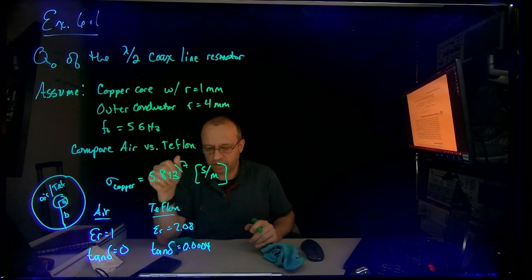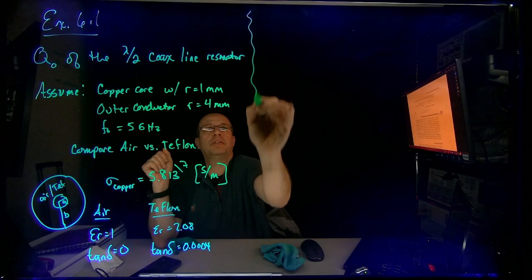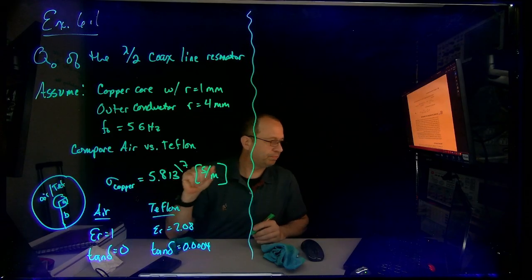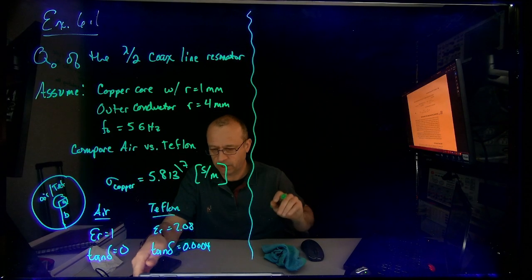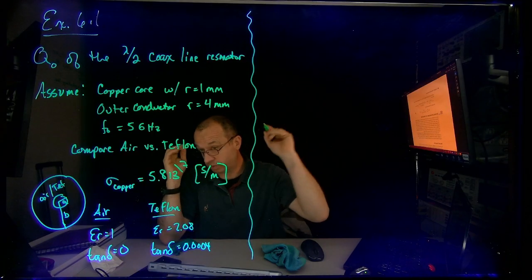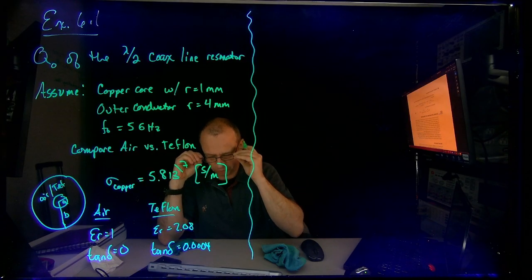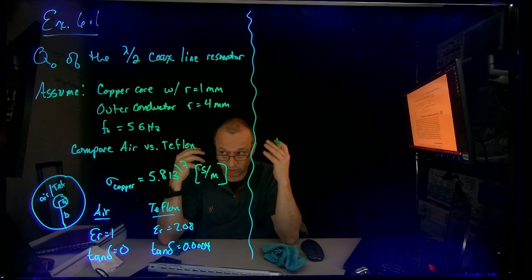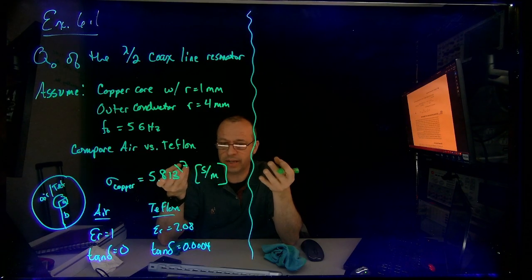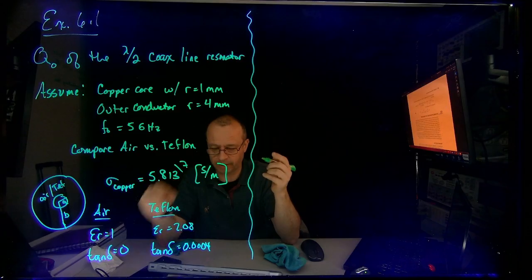So those are the details we need, and next we need to solve for some parameters. We need to find the surface resistivity at 5 gigahertz. Remember, this changes with frequency, so we need to understand what it is at the frequency we're looking at.